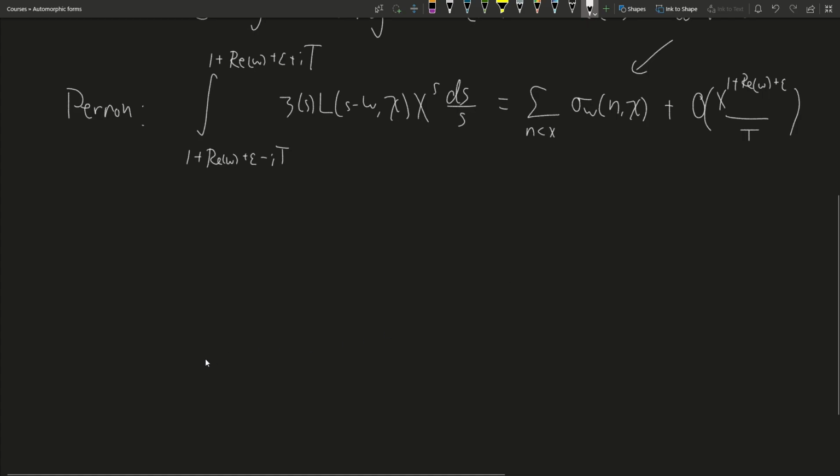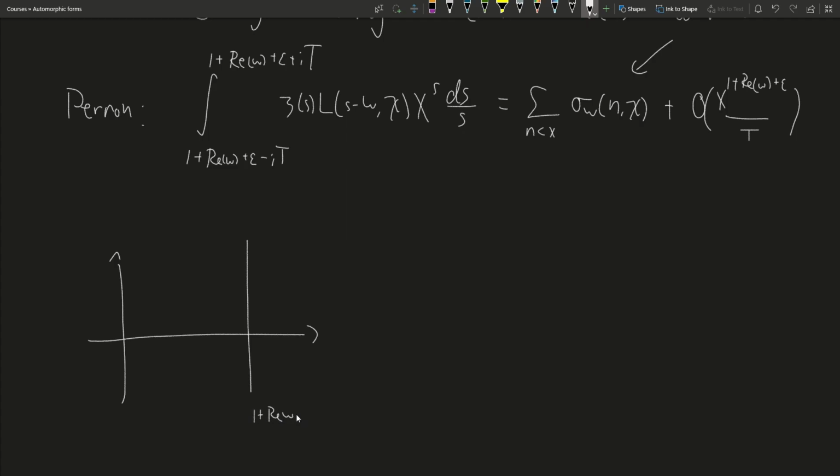What we can do is look at the complex plane, and we've got our abscissa of convergence. This is going to be 1 plus the real part of w plus epsilon, and this corner is where we are.